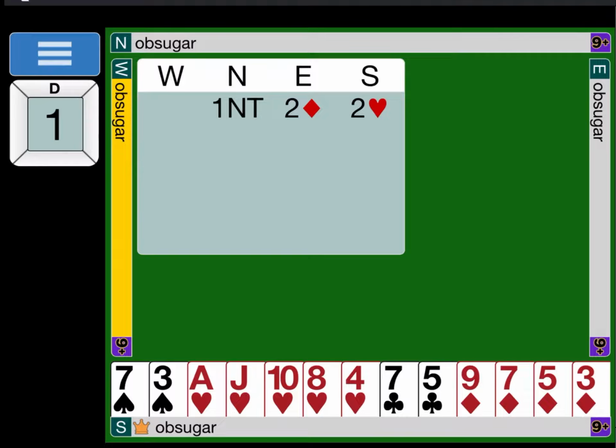The relay, 2 no trump, is always a relay when there is... I wouldn't go to 2 no trump, Diana. I could see where these days if you've opened it with a queen stiff, you may feel safer in no trump.